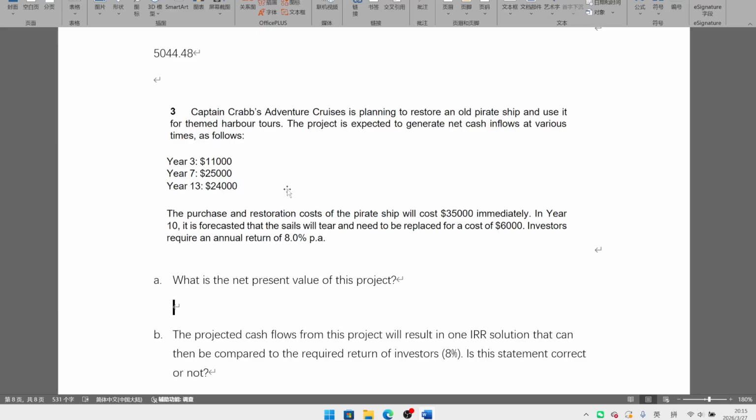N is 3, I is 8%, the payment is zero, the FV is 11,000. So we compute the PV.